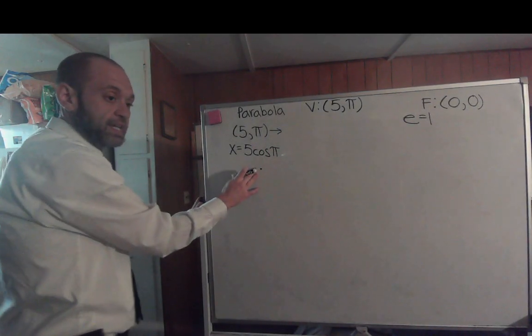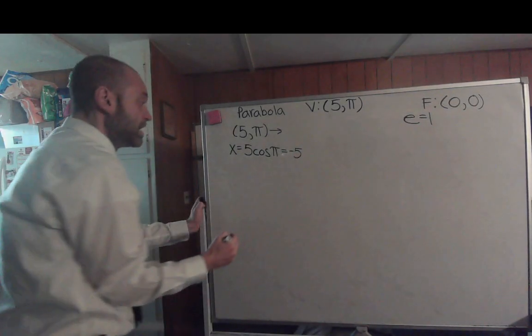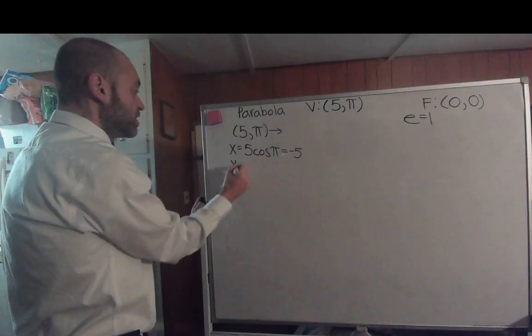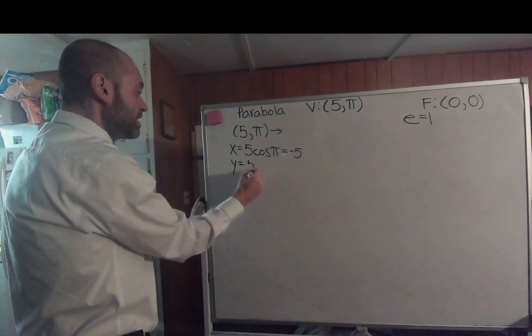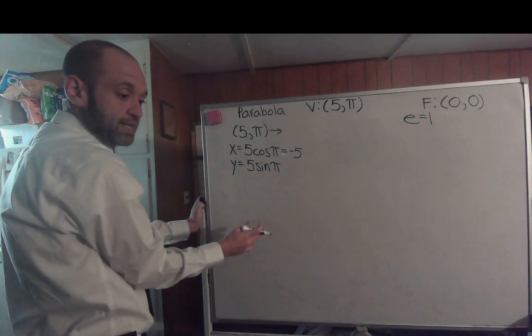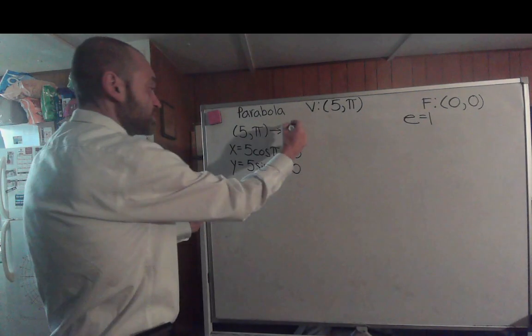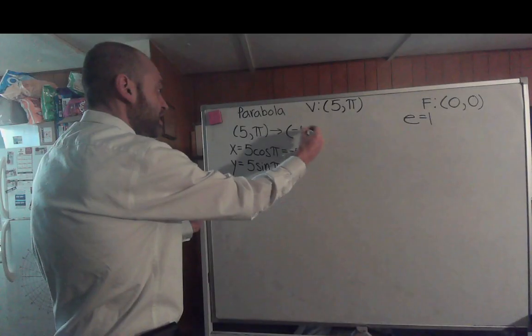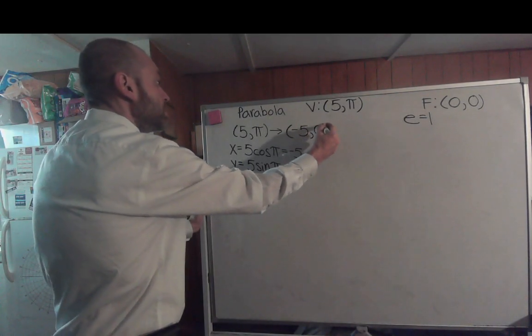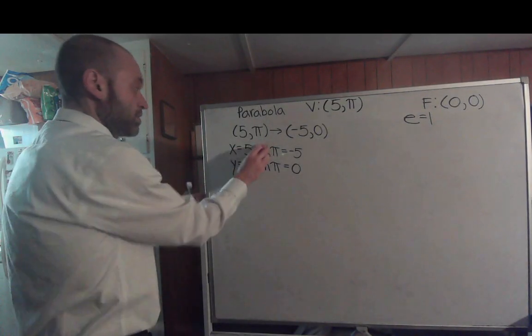Cosine of pi is -1 times 5 equals -5. And then your y is always r sine of theta, so it would end up being 5 sine of pi. Well, the sine of pi is 0, then times 5, well, that's 0. So this turns the coordinate into the rectangular coordinate -5, 0.